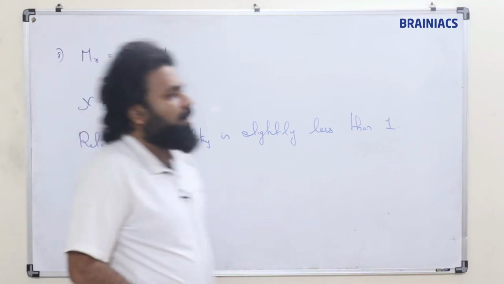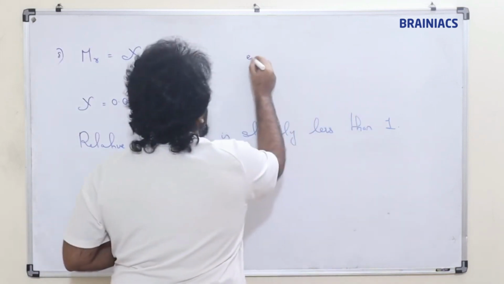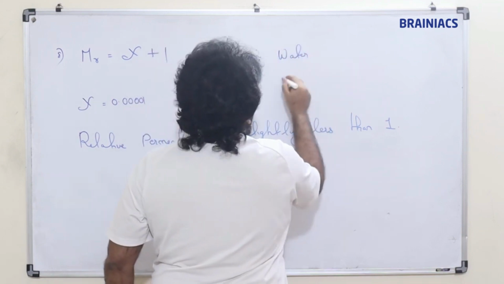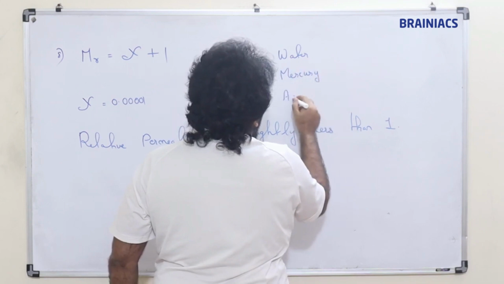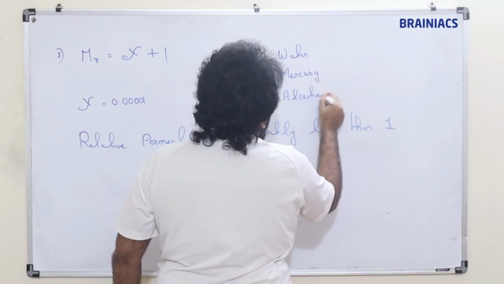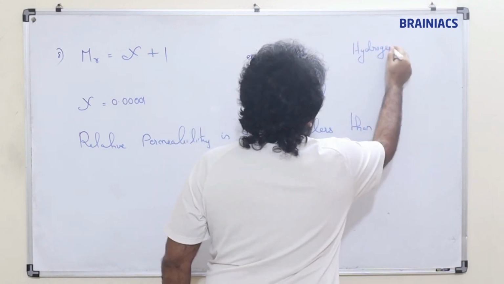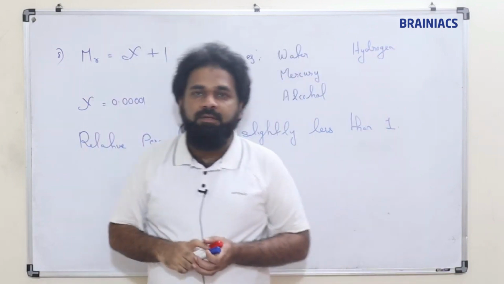Okay, clear? Some examples of diamagnetic materials are copper, as I said, then water, mercury, alcohol, hydrogen. All these are examples of diamagnetic materials.